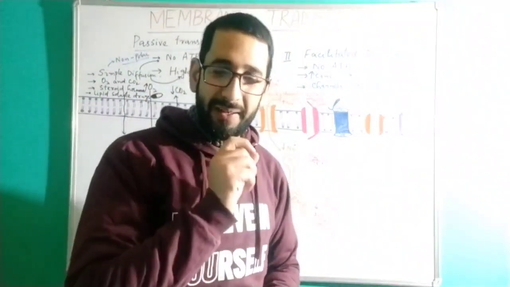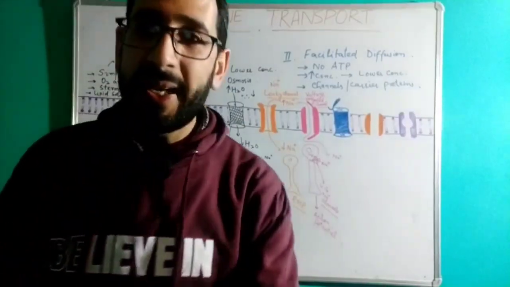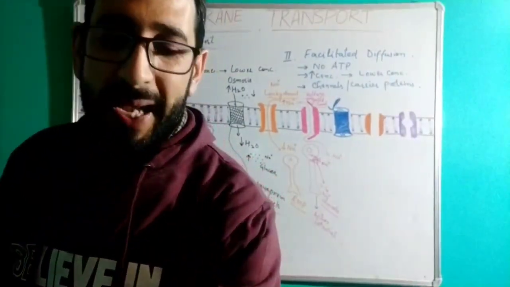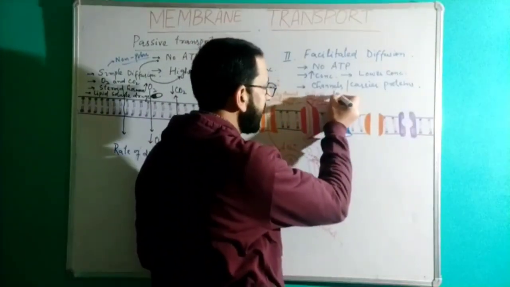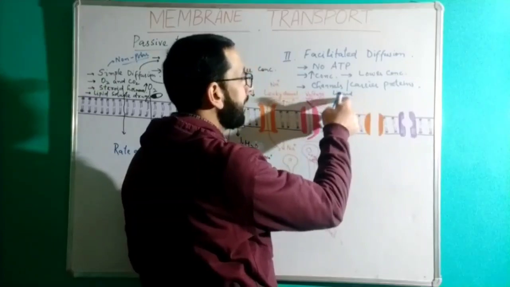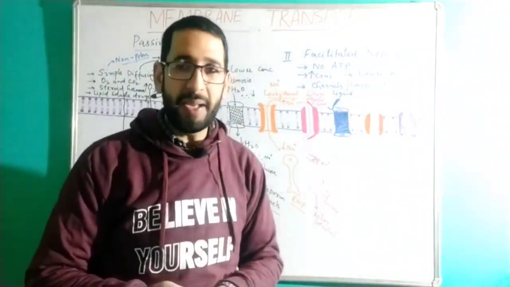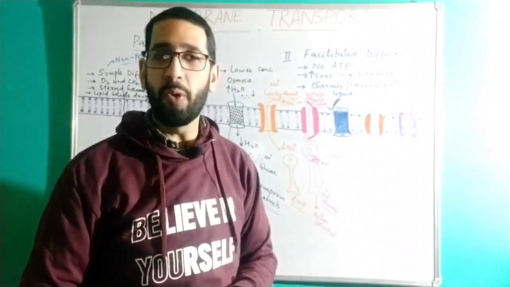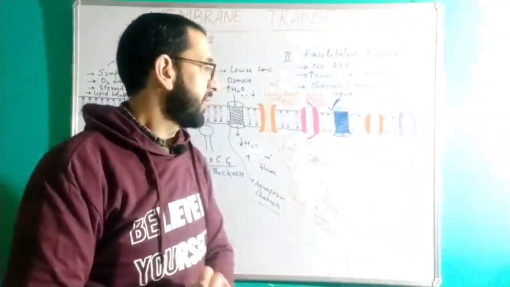Now another type is going to be the ligand gated channel. Now ligand gated channel, as the name indicates, is going to be opened by a particular ligand, and this ligand is going to be any chemical substance, for example a hormone, for example a neurotransmitter. These are the best examples for the ligand.